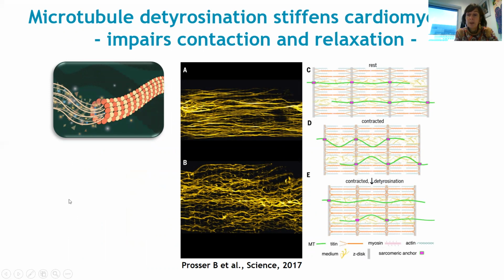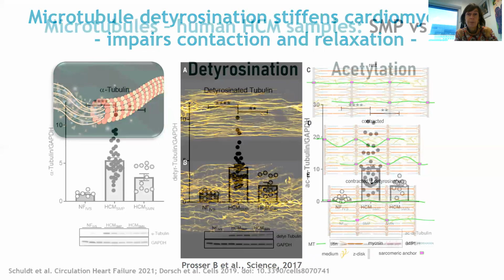So I won't go into details because of the time, but this really is a new target in the cardiomyocyte, which is changed during heart failure, and which may explain impaired contraction and impaired relaxation of the heart muscle.